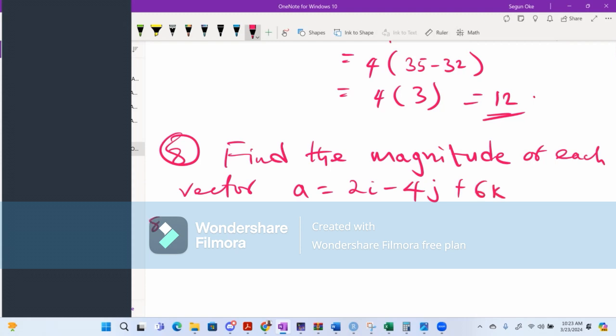What is the formula to get this magnitude? Magnitude is talking about the absolute value of A, which is equal to the square root of ax squared plus bx squared plus cx squared.